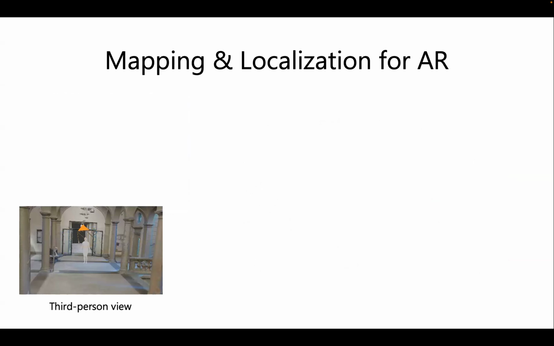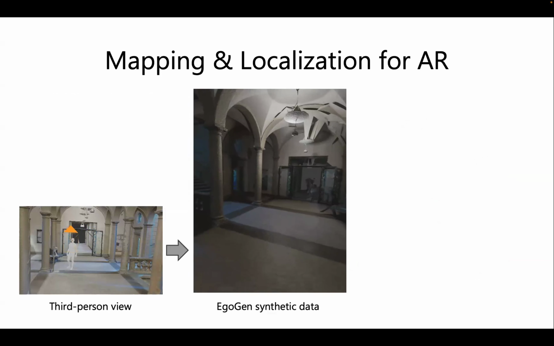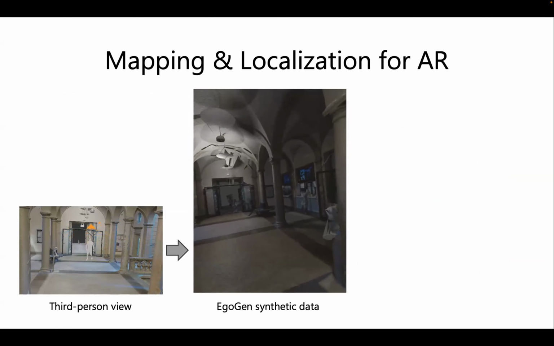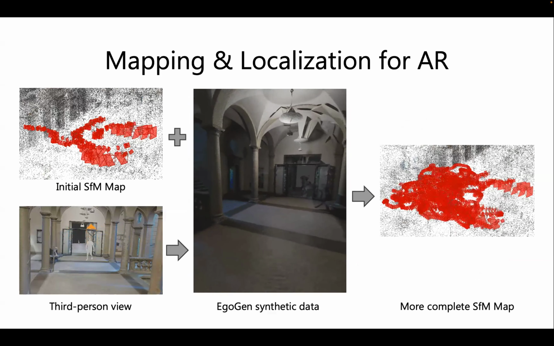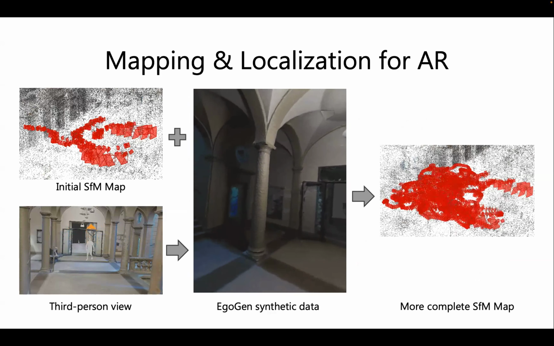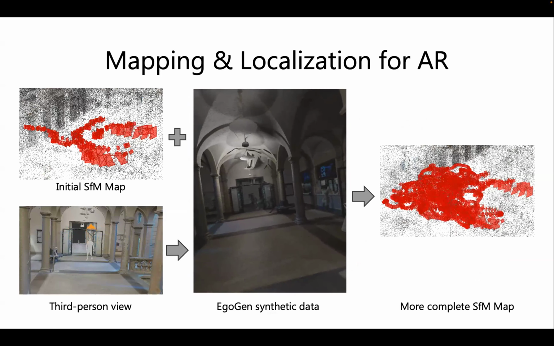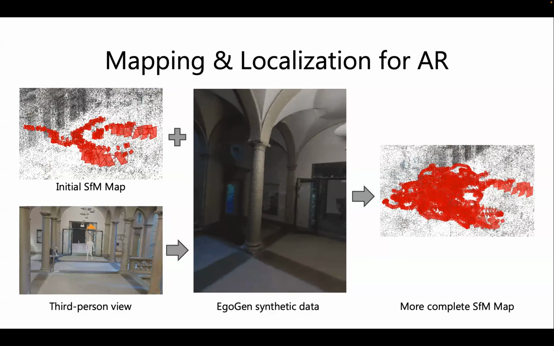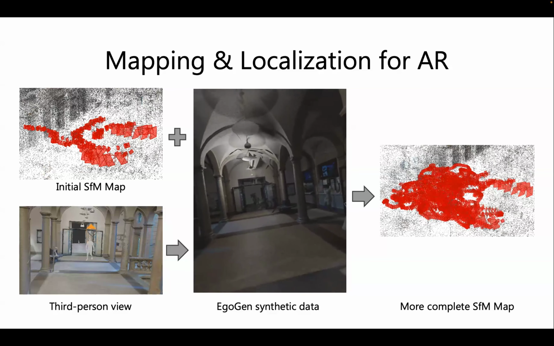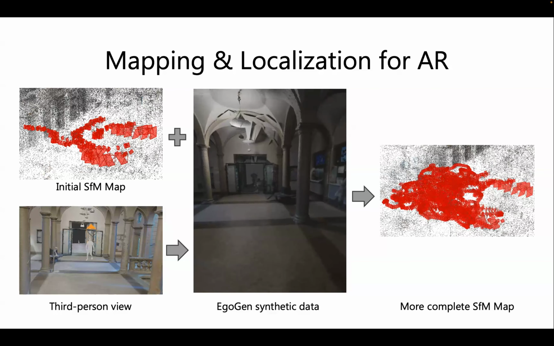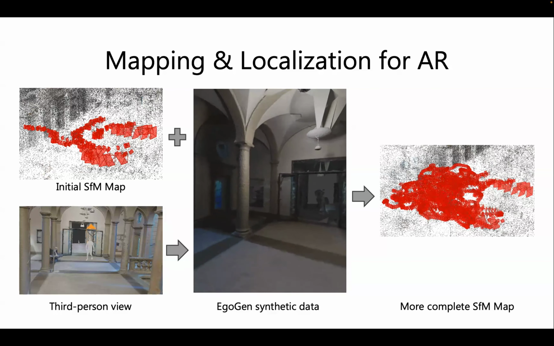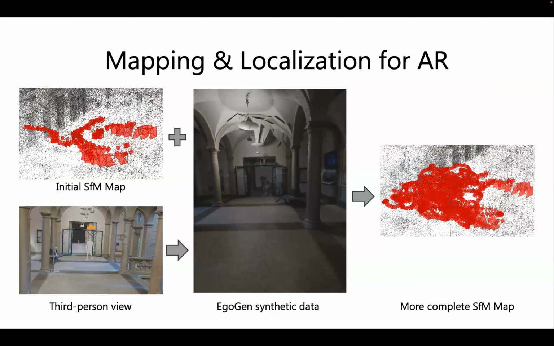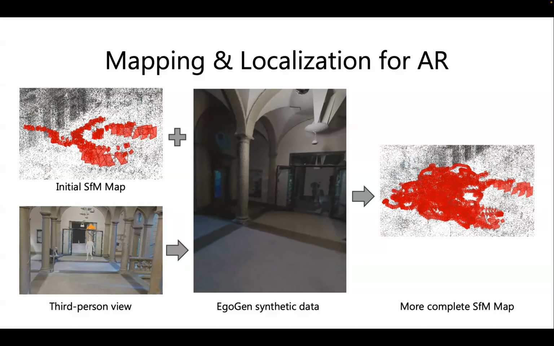With this EgoGen and its egocentric synthetic data, we can put lots of virtual humans in the 3D environment and capture lots more data. With this more egocentric synthetic data, we can build a much more complete structure from motion map. In the paper, we show that with this more complete map, it also improves the localization and mapping accuracy in AR applications.